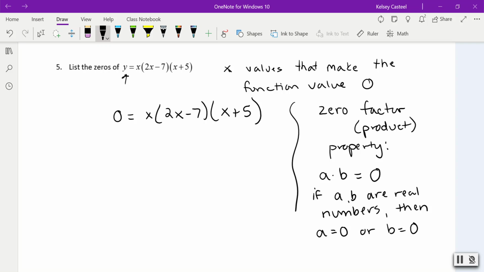That's the only way I can take two real numbers, multiply them together, and have a result of 0. So going back to our function here, again, it's very nice that this is in factored form.